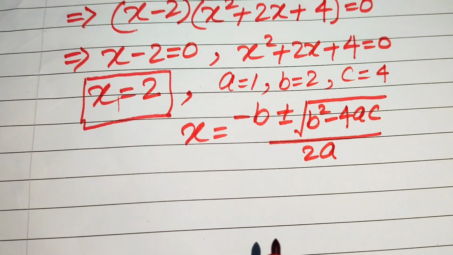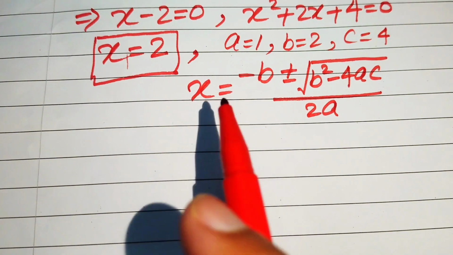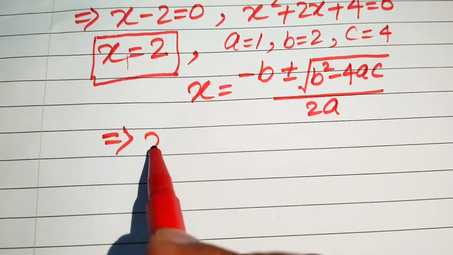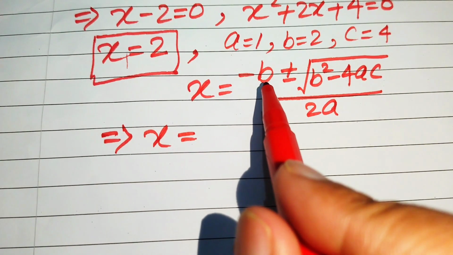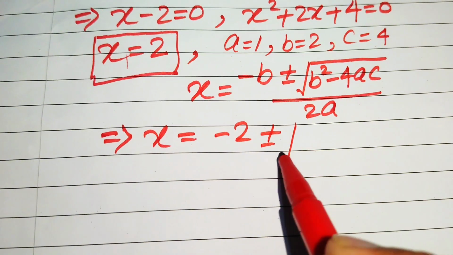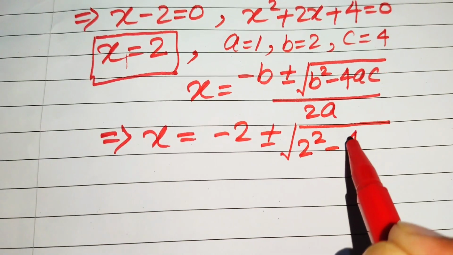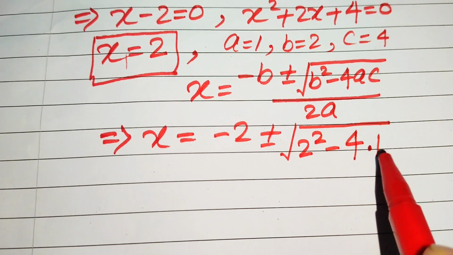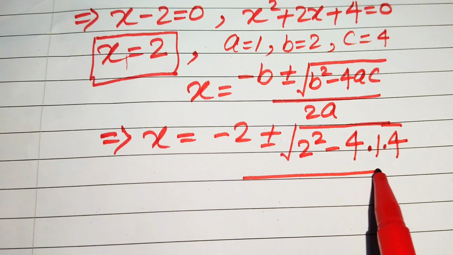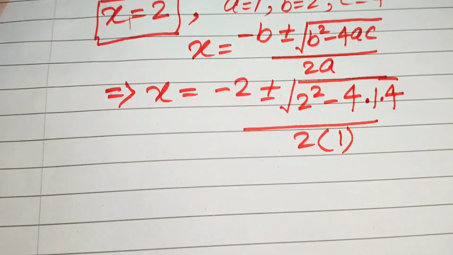This is our nice quadratic formula, and in the next step we substitute the values of a, b and c: x = (−2 ± √(2² − 4·1·4)) / (2·1).